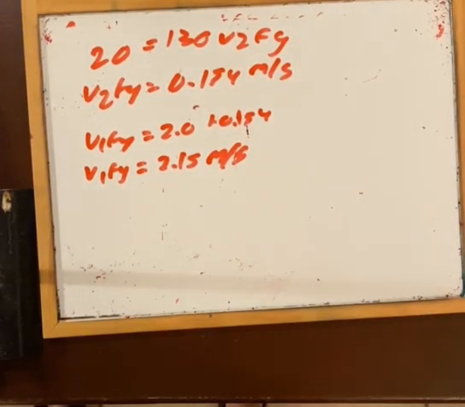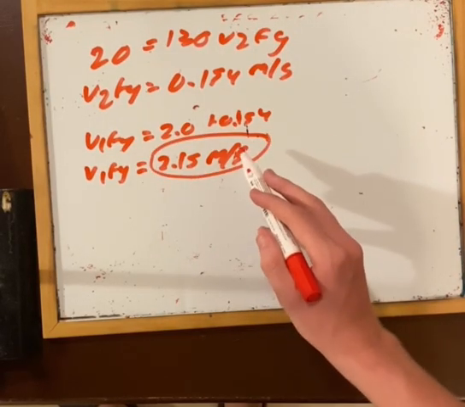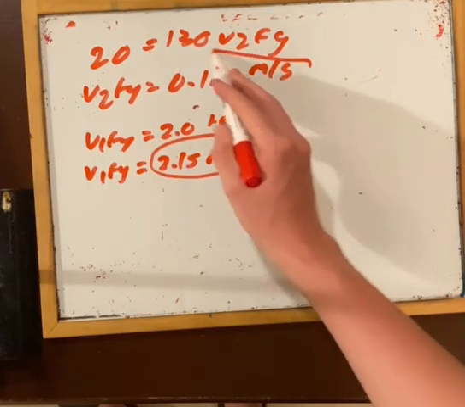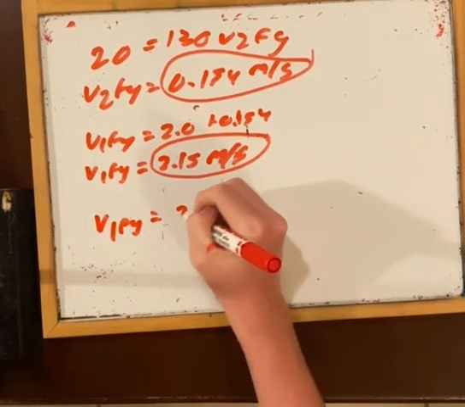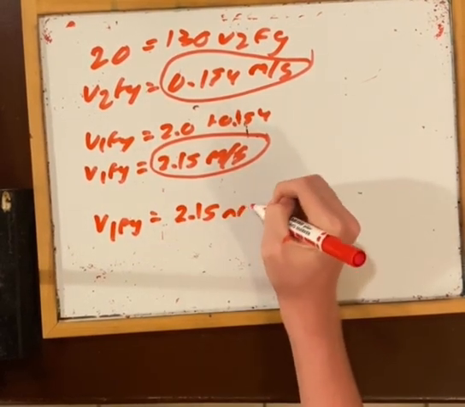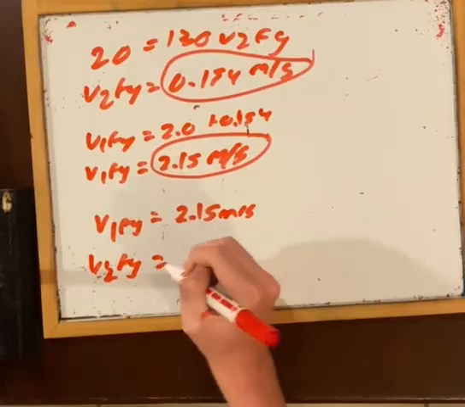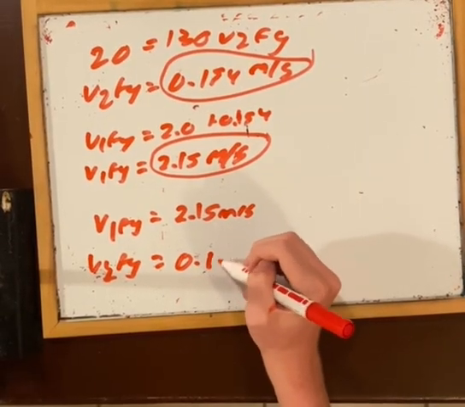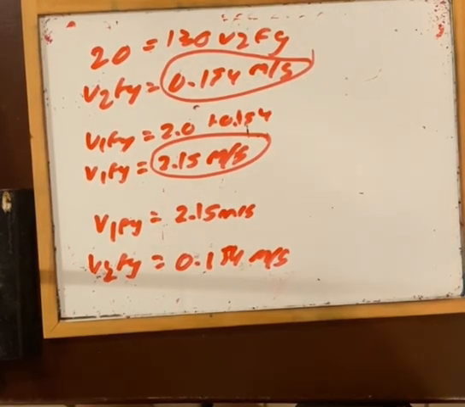And so our final y components would be: v1f of y equals 2.15 meters per second, and then velocity 2f of y is going to be equal to 0.154 meters per second. Nice.